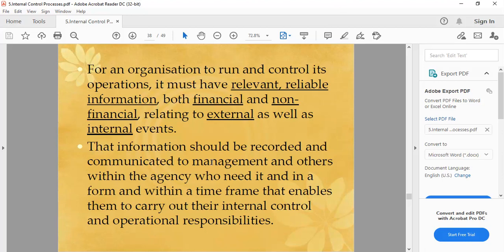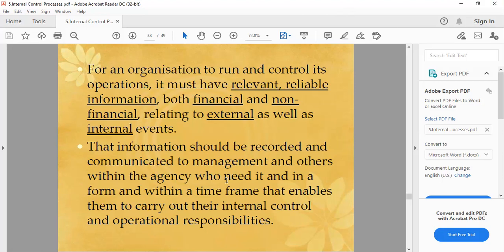Now, the information is communicated again to management and others within the agency who need it, in a form and within a time frame that enables them to carry out their internal control and operational responsibilities. This is very true. If you can recall the constraint under our IAS 1, we're connecting our discussions anyway with our accounting standards.